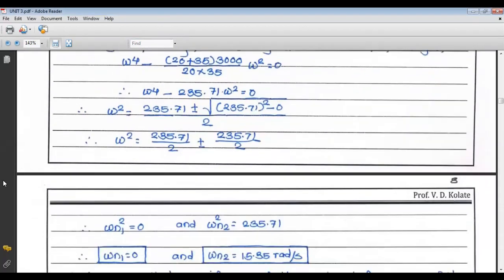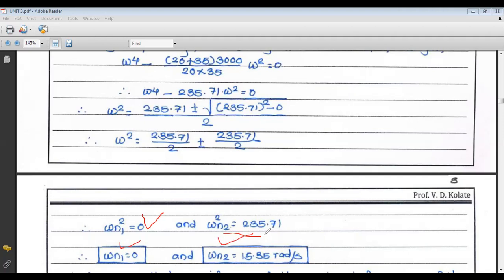So if we take the minus value, that becomes 0, because 235.71 divided by 2 minus 235.71 divided by 2 becomes 0. And the second value becomes 235.71 divided by 2 plus 235.71 divided by 2, so that becomes 235.71. So after square root we get the value of omega n1 as 0 and omega n2 as 15.35 radian per second.